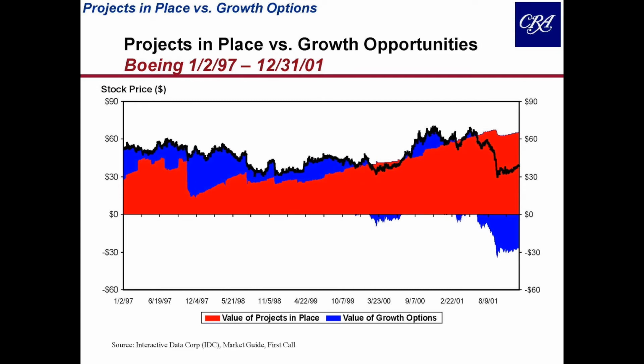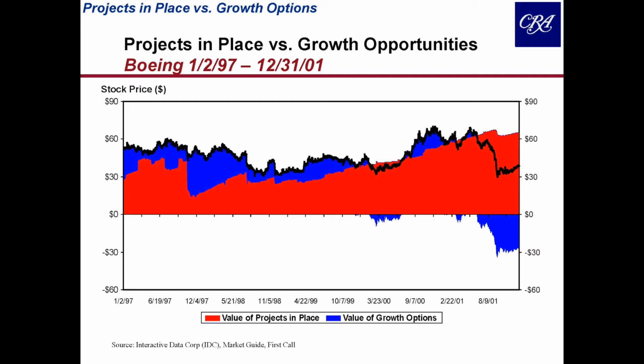Now you might say, well, isn't this true of every company? And the answer is no, it's not. Here's a counterexample from the same period during the tech boom, Boeing. The value of Boeing is almost all current operations, as Charles River Associates defined it.